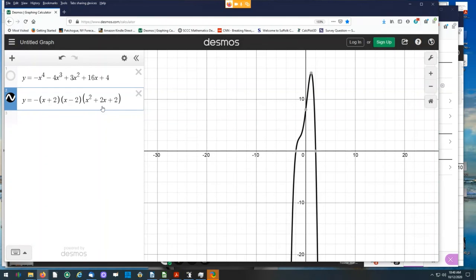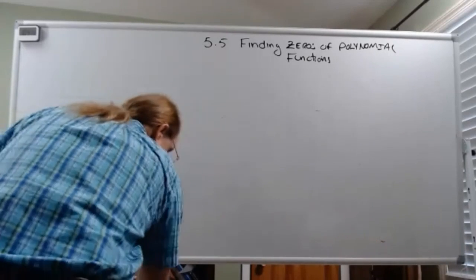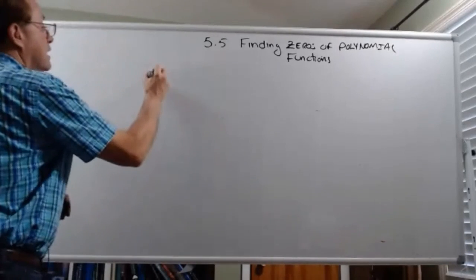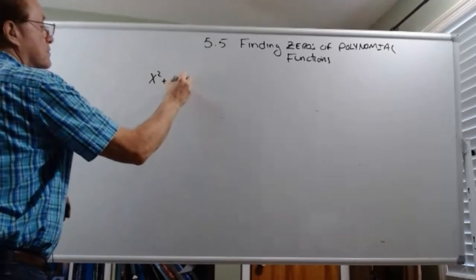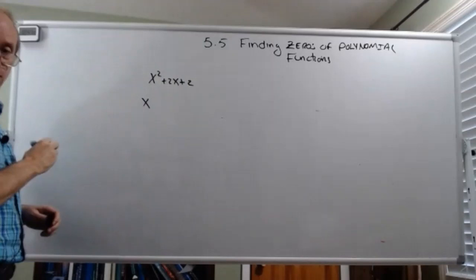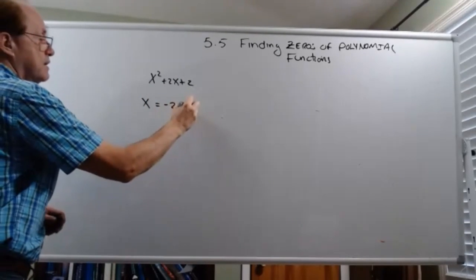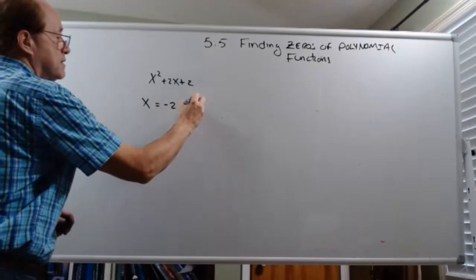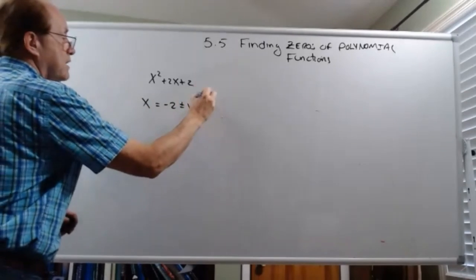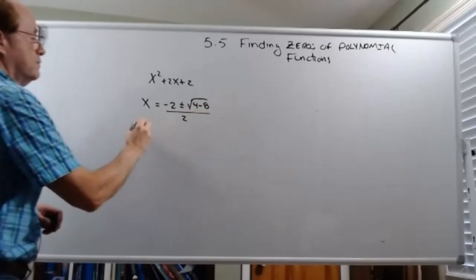Because this function, x squared plus 2x plus 2, factors into the following. So if I were to factor my x squared plus 2x plus 2, I can't factor that. So what do I do? I use my quadratic formula. x is equal to the negative of b plus or minus the square root of b squared minus 4ac, over 2a.